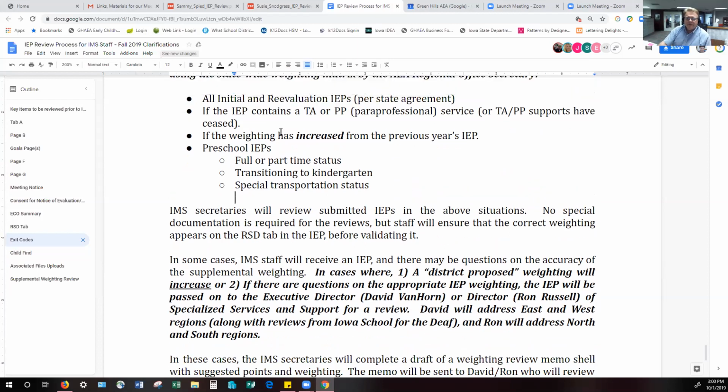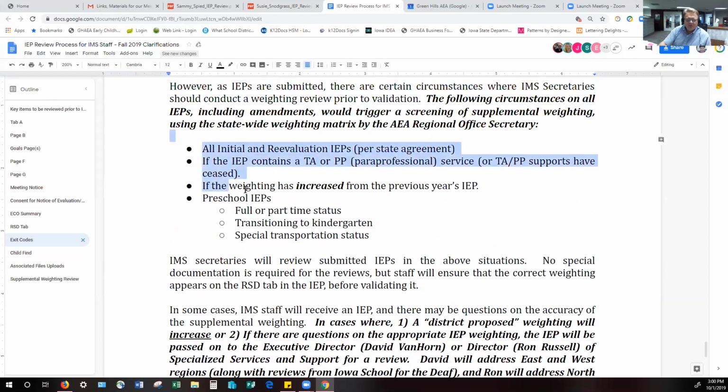Okay, so we're asking you to review for weighting in these cases, but it is not necessary to formally complete a matrix and upload it. You'll all have your own work styles on how you're going to do that weighting. Some of you may do that in your head. I know Karen shared with you at our last meeting that she has a little notepad with some calculations that helps her jot down the numbers as she's thinking through them.